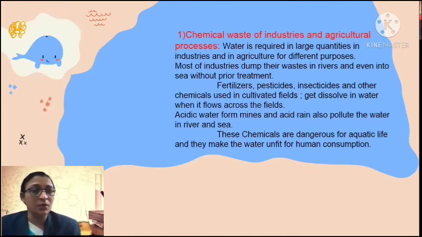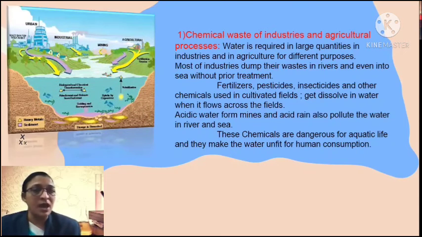First, chemical wastes of industries and agricultural processes. Water is required in a large quantity in industries as well as in agriculture for different purposes. Most of the industries dump their waste in rivers and even into the sea without prior treatment.